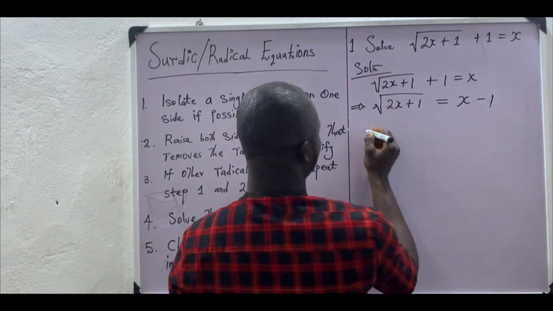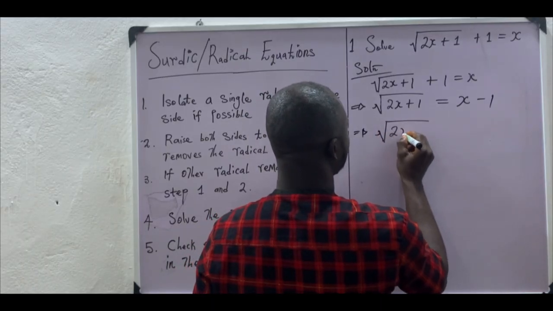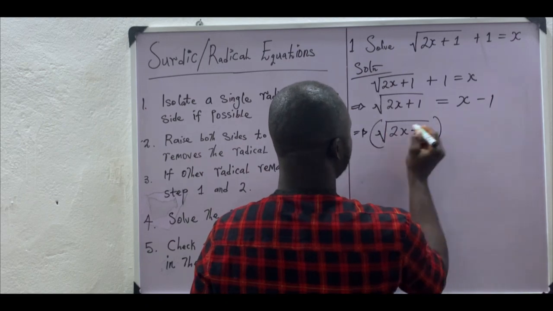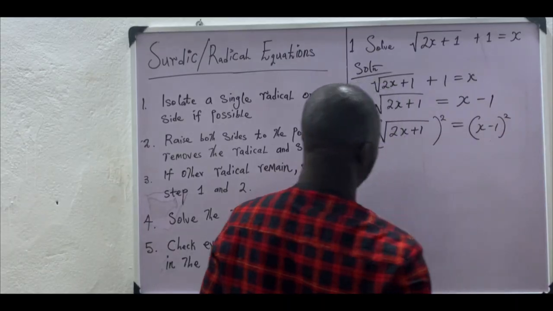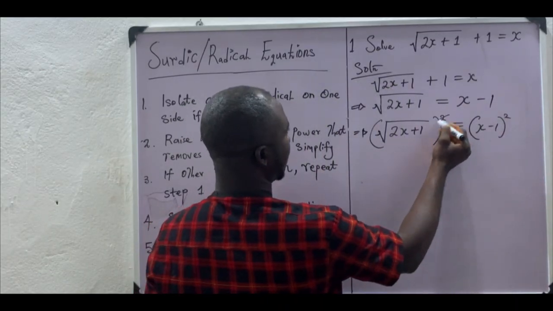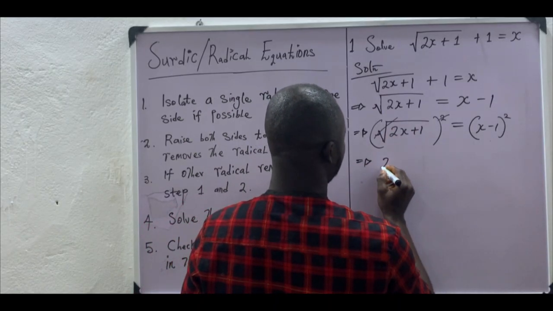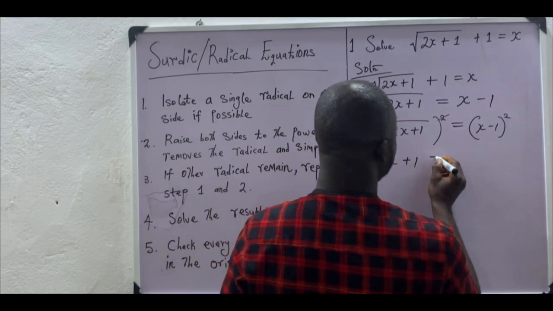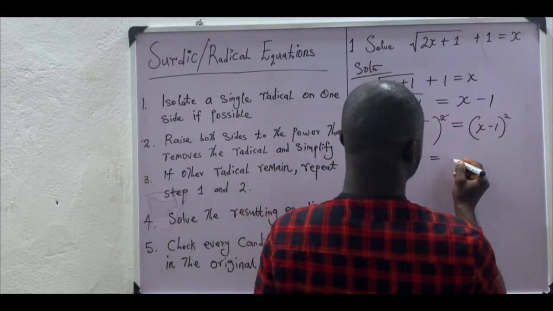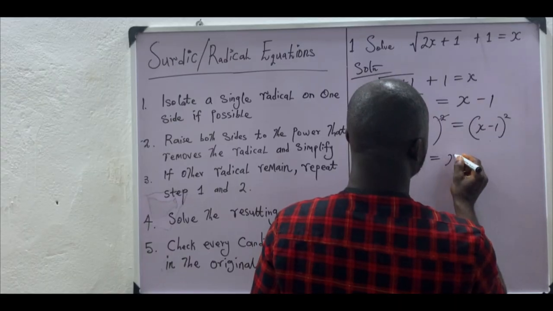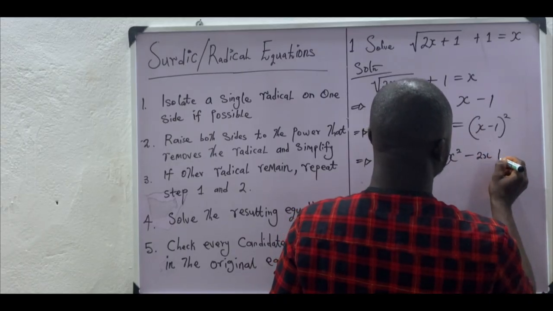So if I do that now, I'll have the square root of 2x plus 1, I will square it, to be the same thing as x minus 1, I will also square it. And so when I do it now, this square will cancel this square root, and this will imply that 2x plus 1 will be the same thing as, so I have to then expand this side, and that will exactly give us x squared minus 2x plus 1.